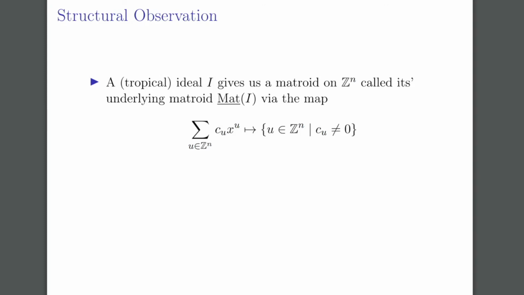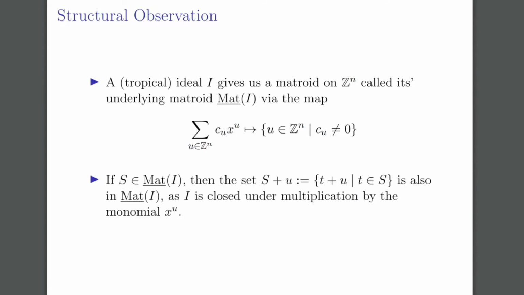So I'm just taking the exponent vectors that appear, and I want to take the minimal such subsets. So I take all of my polynomials, I take all of their supports, and I take the minimal ones. And those are going to be the circuits of my matroid.